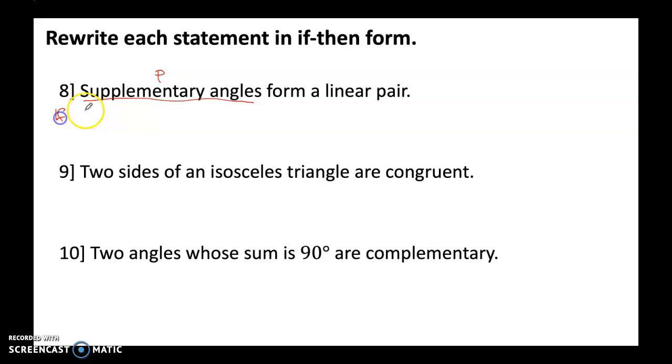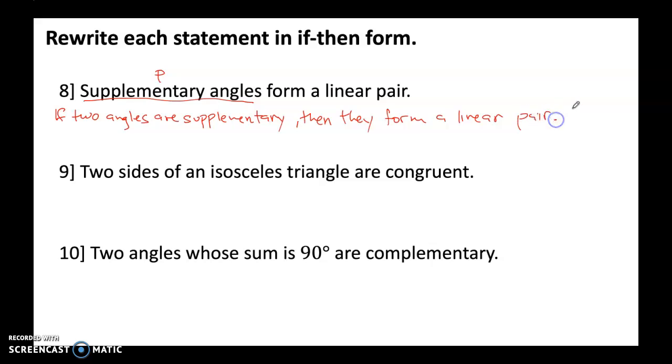So if two angles are supplementary, comma, then they form a linear pair.